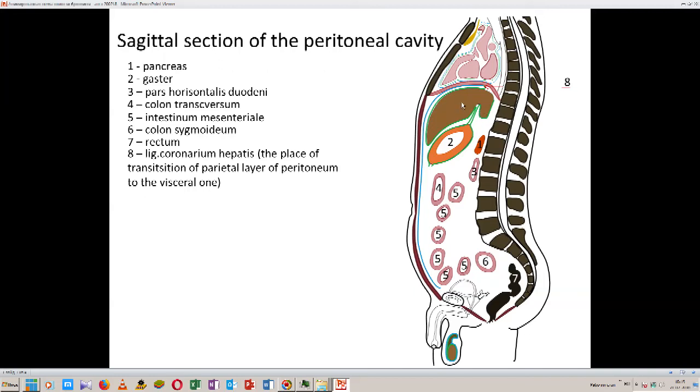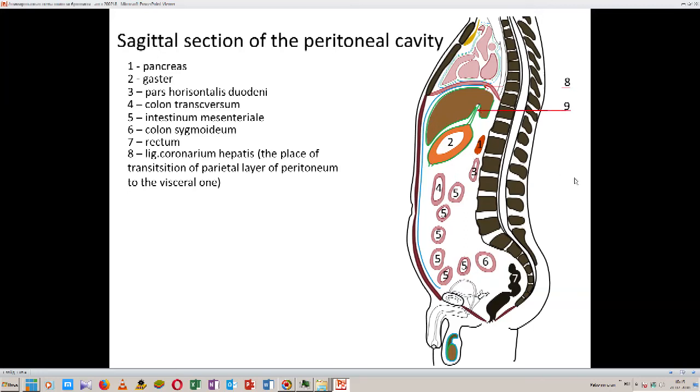This is ligamentum hepatogastricum, and as a result, the gaster, the stomach, is related to the peritoneum intraperitoneally.